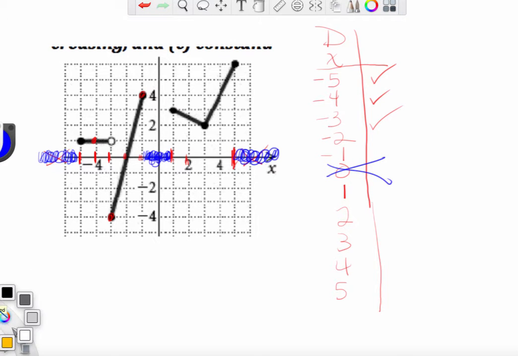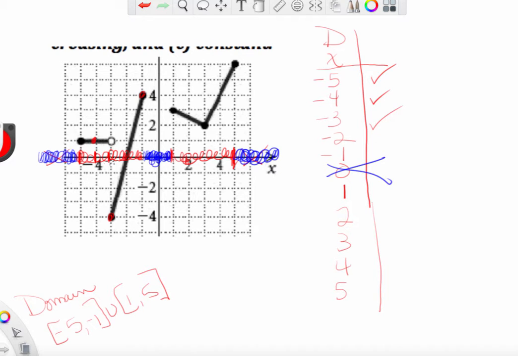All of the x values in my ordered pairs are here. So my domain is -5 up until -1 unioned with 1 to 5. So -5 to -1 and then 1 to 5.